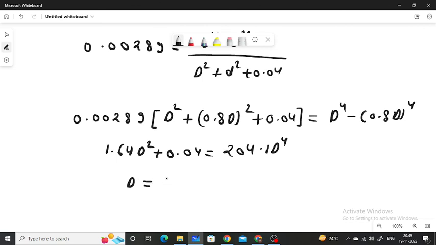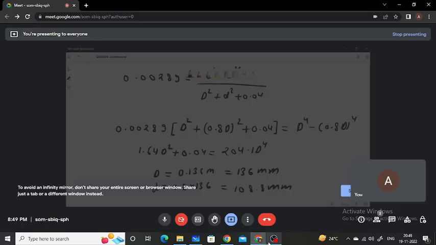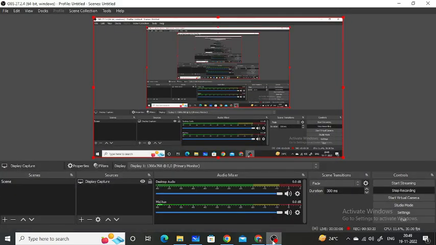Now from here capital D will be equal to 0.136 meters or 136 mm. So small internal diameter will be 0.8 times of external diameter. It will be equal to 108.8 mm. Okay. Thank you very much.